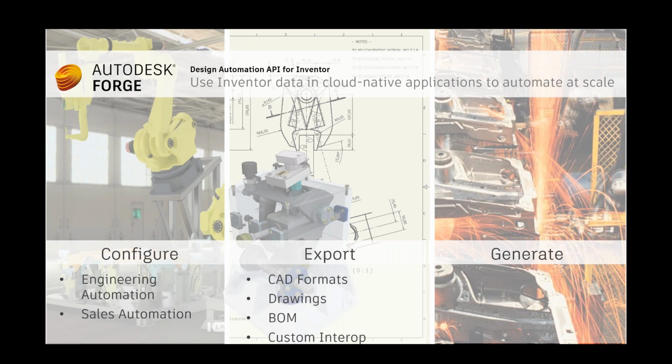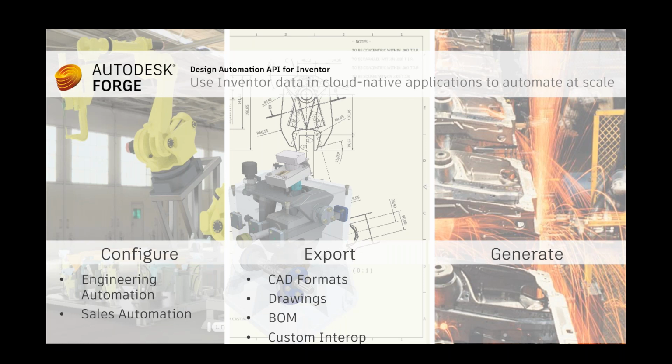If we look at export, we're looking at doing things like supporting other CAD formats, being able to customize some of the output options on those exports, being able to support custom drawings, maybe custom bonds, or custom interops. I think of the main difference between design automation export and model derivative is there's typically code involved. Whereas model derivative today will just take an input type and give you an output type.